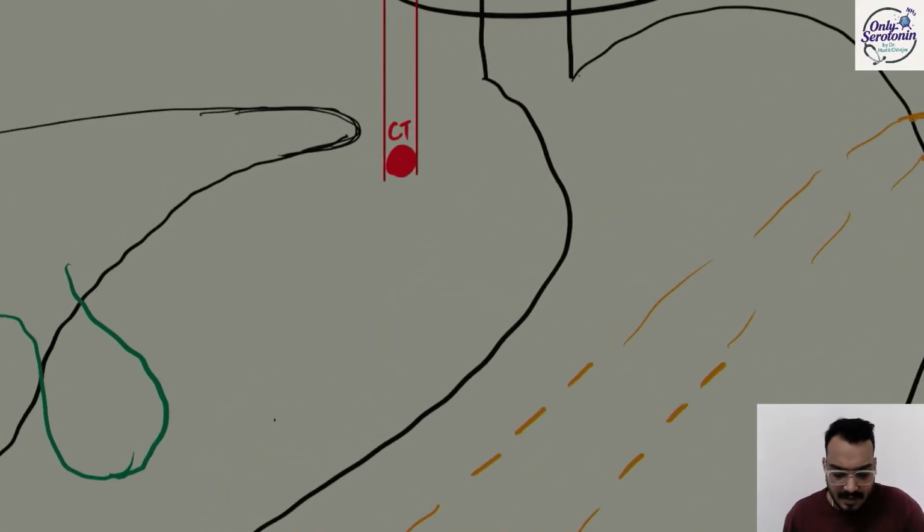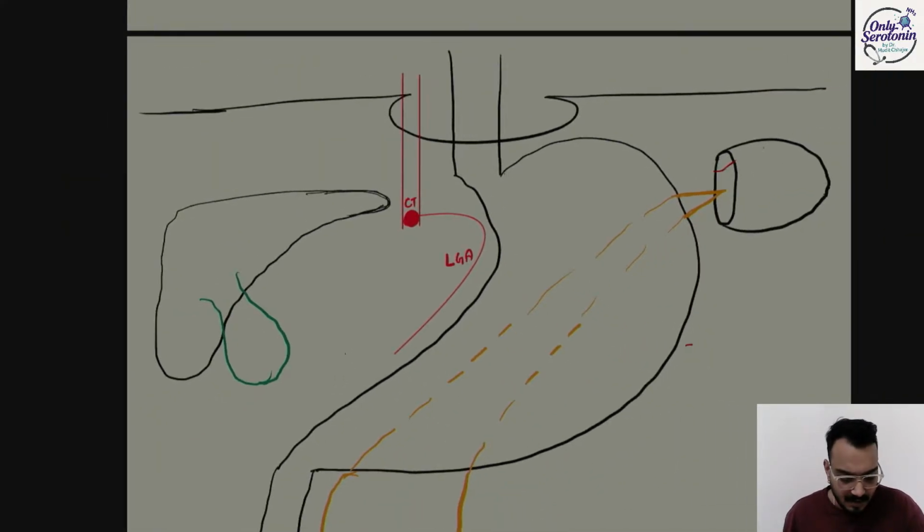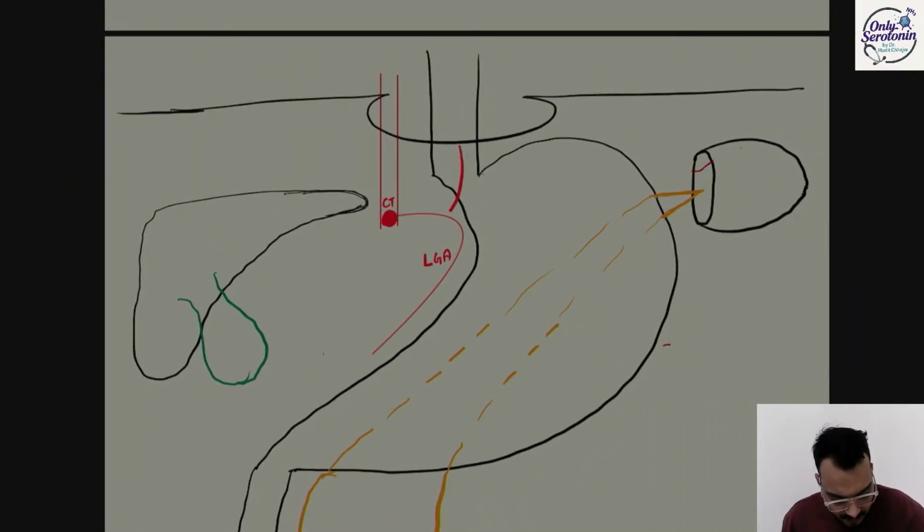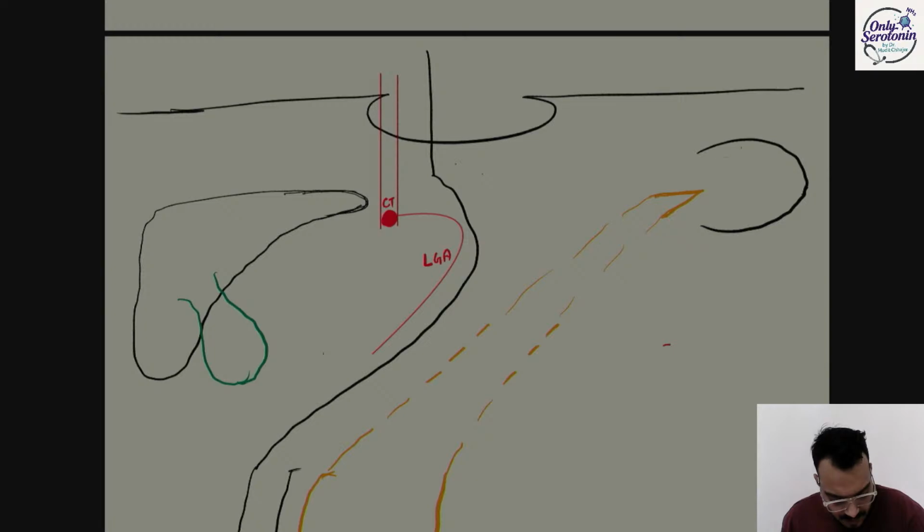Then we have discussed the first branch of the celiac trunk, that is your gastric artery. Which gastric artery? It is supplying my upper part of lesser curvature. We call it left gastric artery. This left gastric artery is giving one branch. The name of this branch is what, guys?